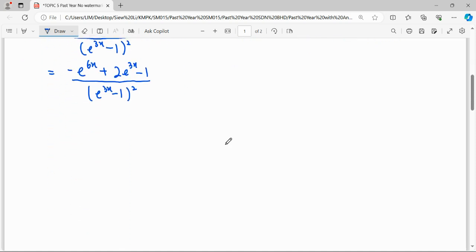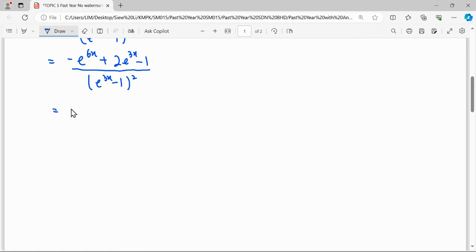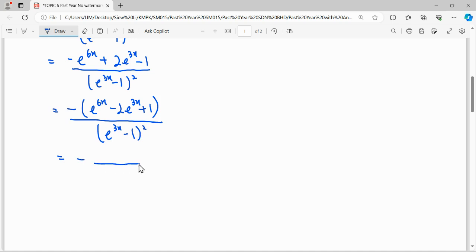Alright, so we're going to simplify this. The negative we take out. Once you take out the negative, it will be e^(6x) minus 2e^(3x) plus 1. Then we do our factorization. So factorize this back, it will be (e^(3x) minus 1) squared.